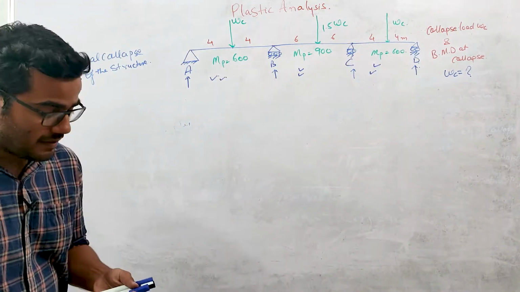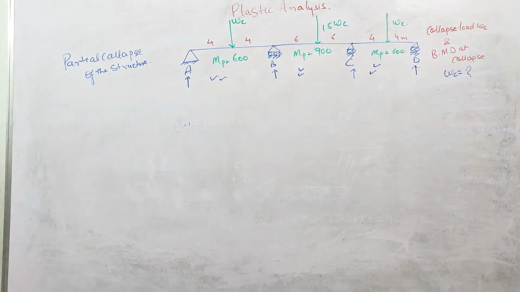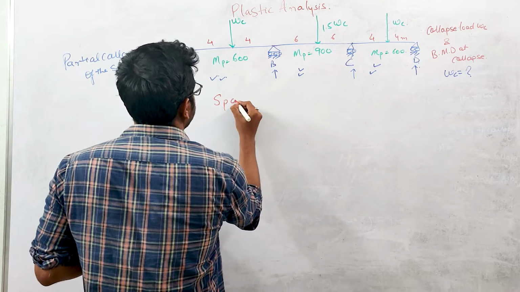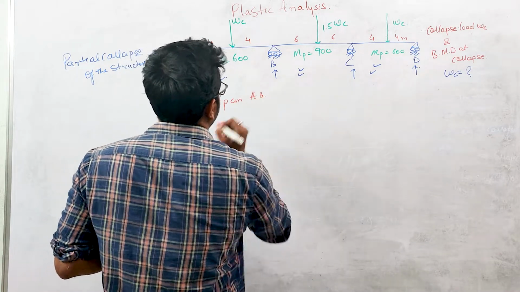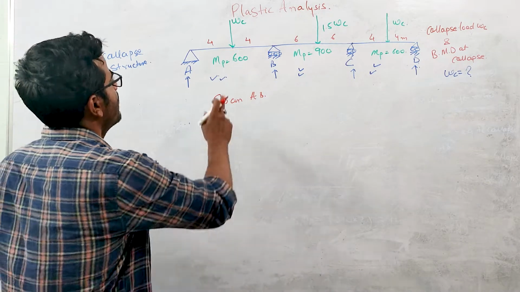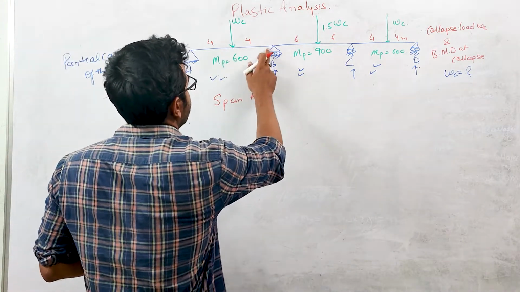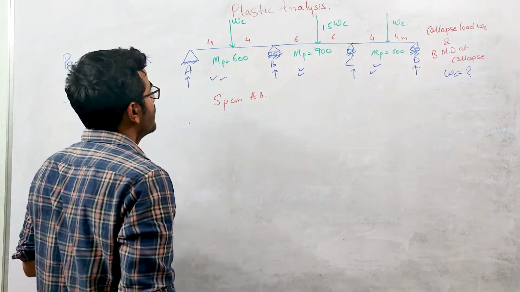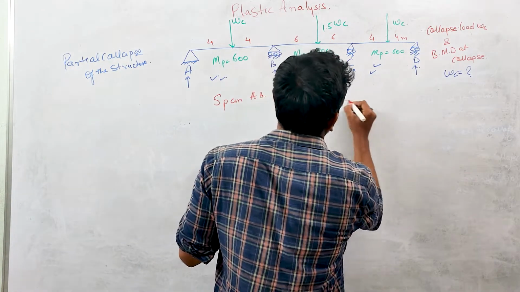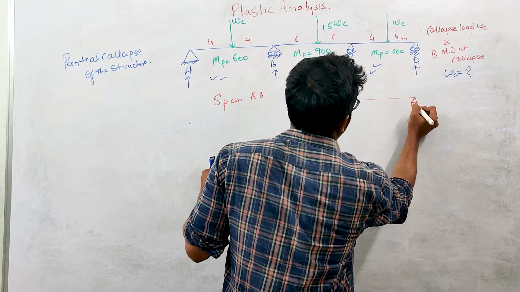Now let us come to the first span AB. For span AB, the plastic hinges will form under this point load and at this B support. If you consider this span, it looks like this.